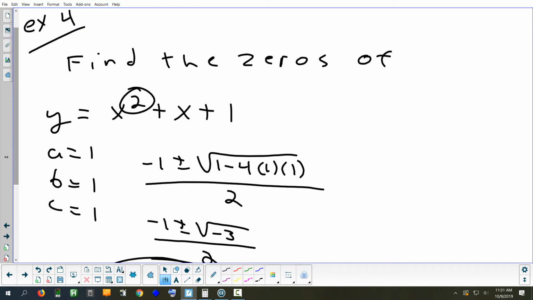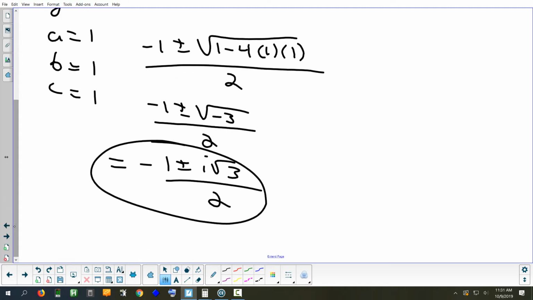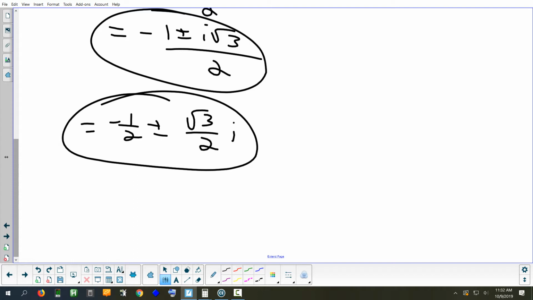What's the connection to each other? They're conjugates. Okay, they are conjugates. And every time you solve a problem, imaginary answers always come in pairs. Specifically, conjugates.